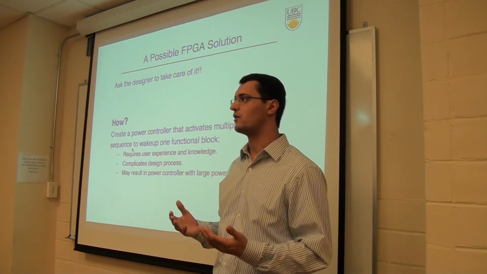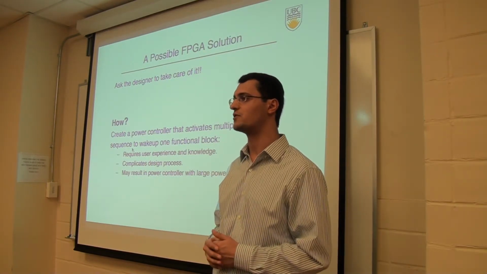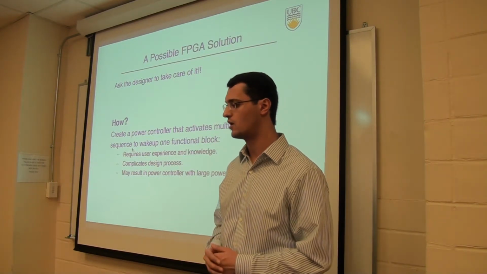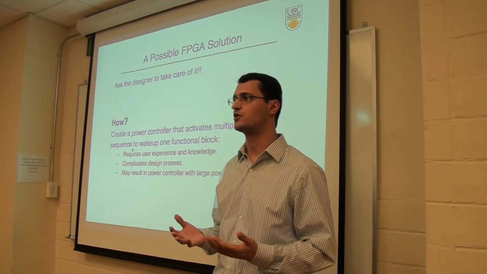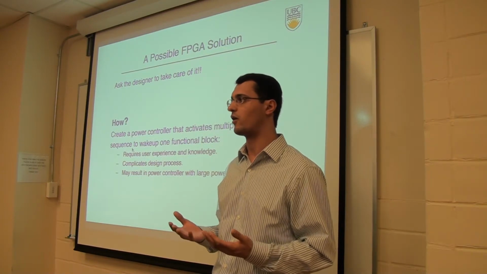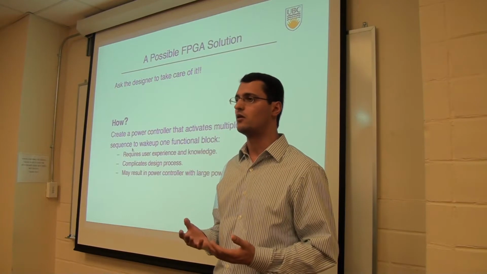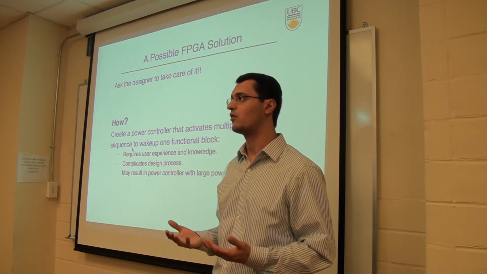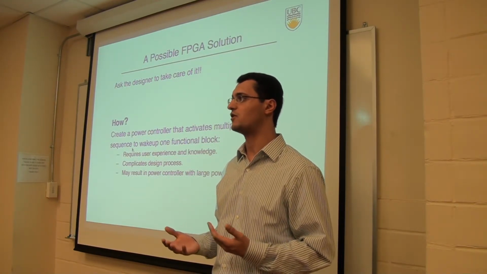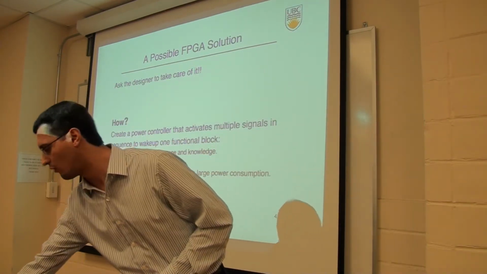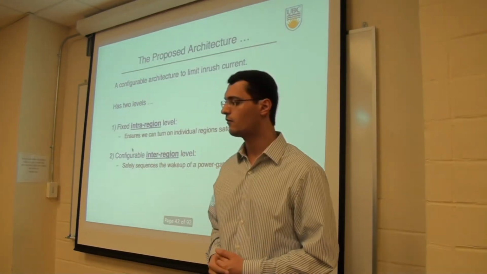However, this requires the designer to have experience and knowledge about the FPGA architecture and inrush current requirements. Also, it complicates the design process, which is not desirable for FPGAs. Also, it may result in a power controller with large power consumption that may offset the benefits from this kind of architecture. So what is our solution to this?